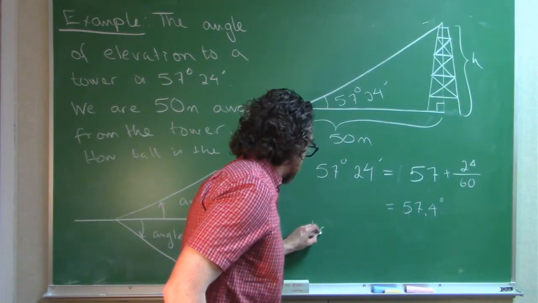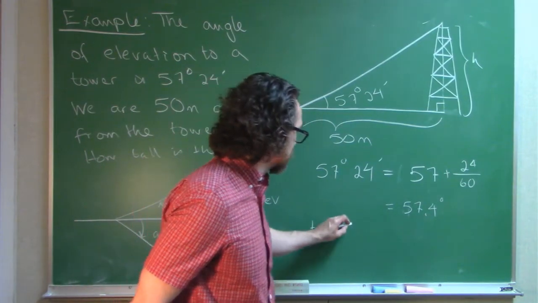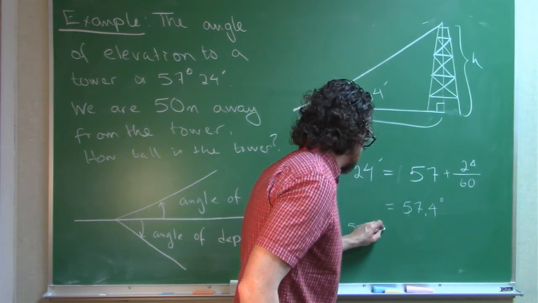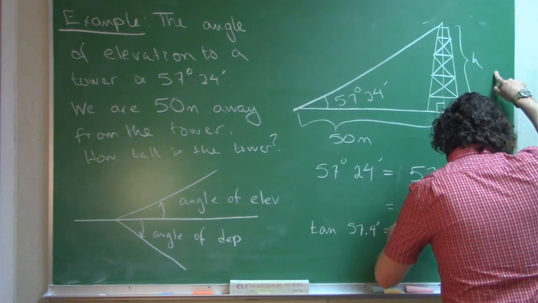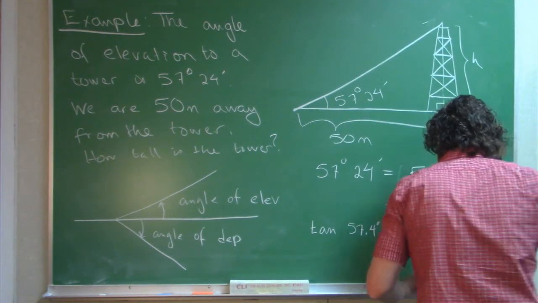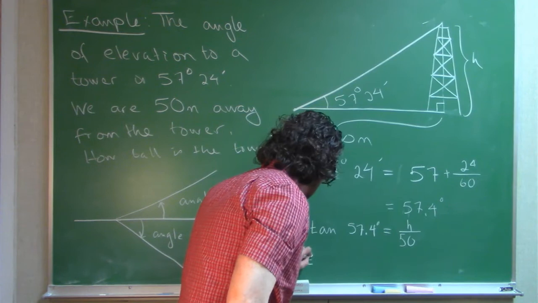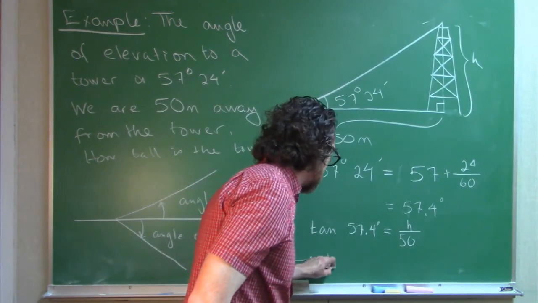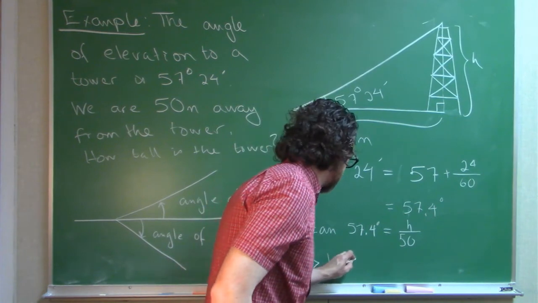The equation I'm going to set up is tangent of 57.4 degrees equals the opposite, the unknown side h, over the adjacent side, which is 50 meters. If this equation is true, then I can solve it for h by multiplying both sides by 50.